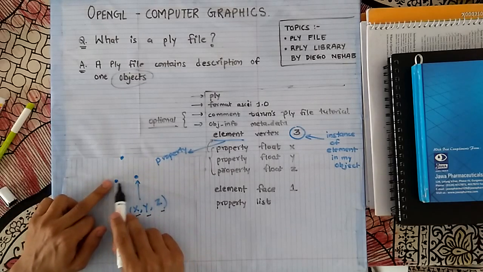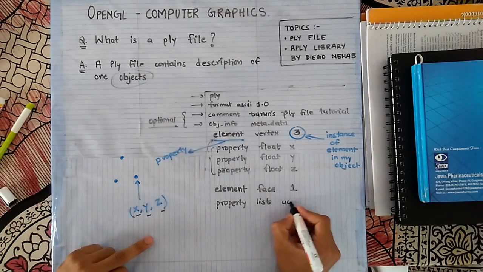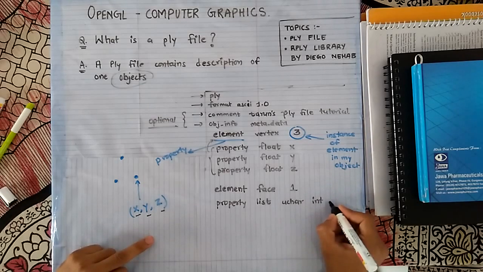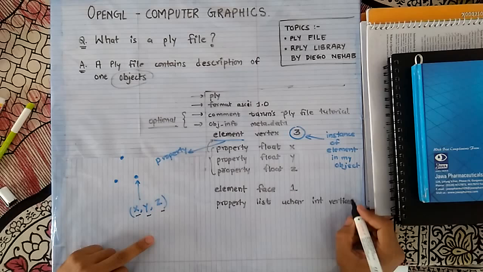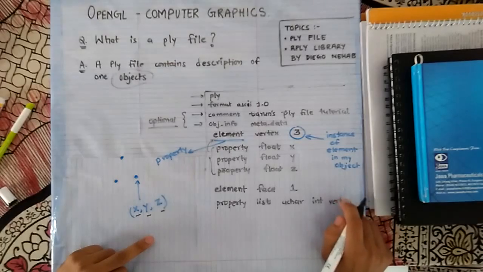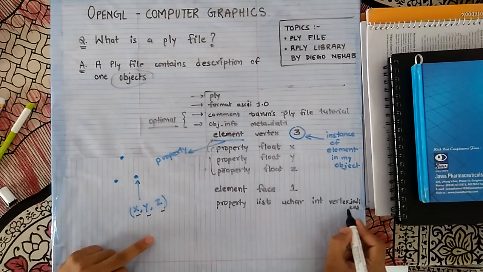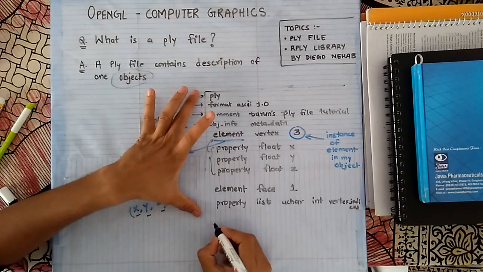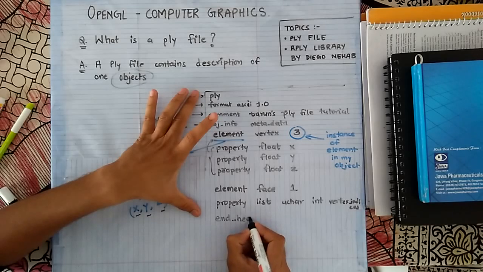So I will be putting a list type here, and it is list unsigned char int vertex_indices. This is in one line. Now this was my entire header. Now I write end_header.